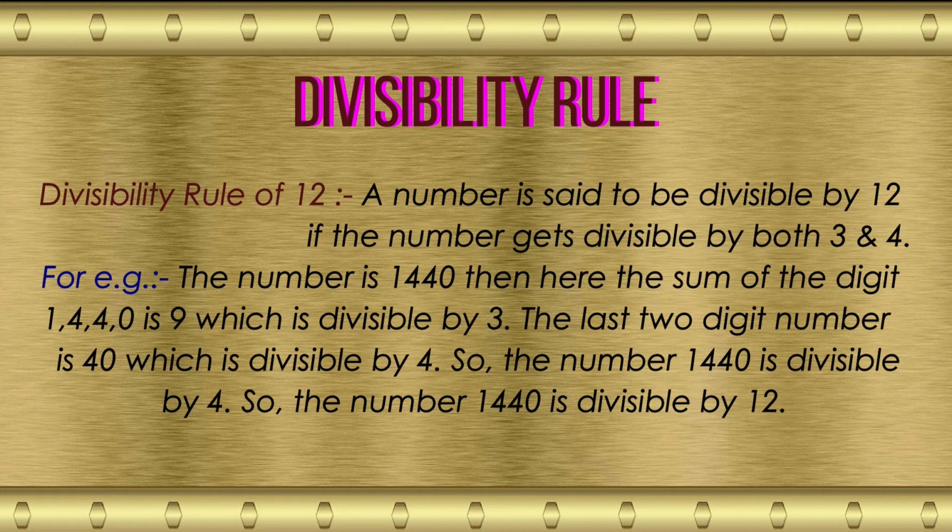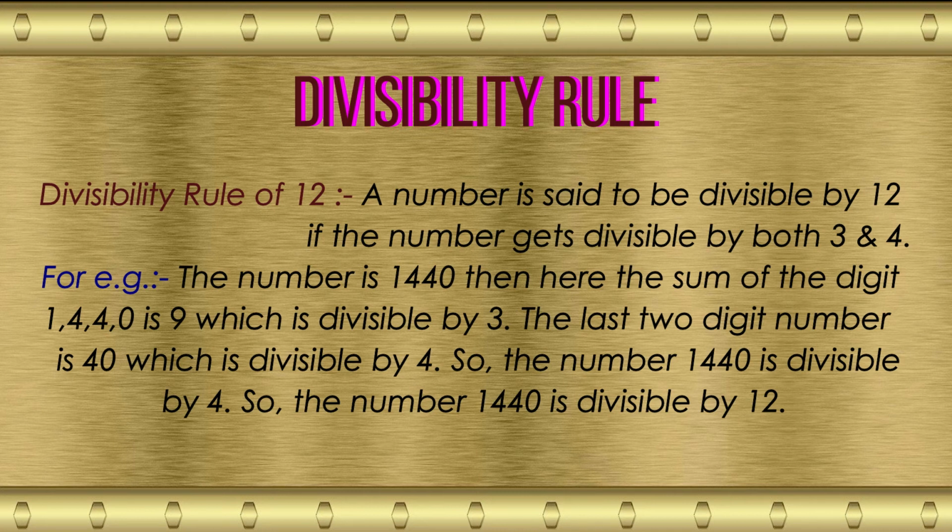Then the sum of the digits 1, 4, 4 and 0 gives what result? 9, which is divisible by 3. We have already studied previously in the divisibility rule of 3 that the sum of the digits should be divisible by 3, then only the number will be divisible by 3.